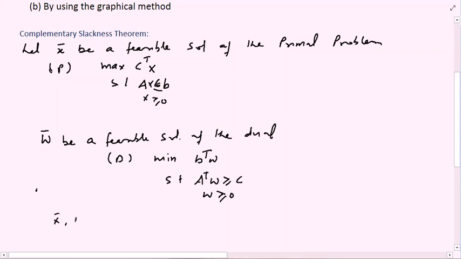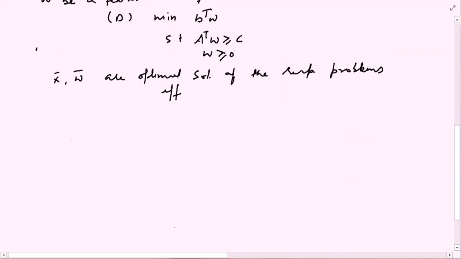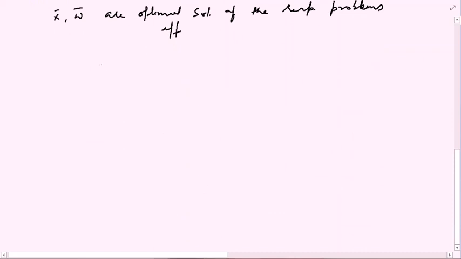Then x bar and w bar are optimal solutions of the respective problems if and only if x bar and w bar satisfy the following conditions, that is, w bar transpose into (A x bar minus b) is 0 and x bar transpose into (c minus A transpose w bar) is 0.